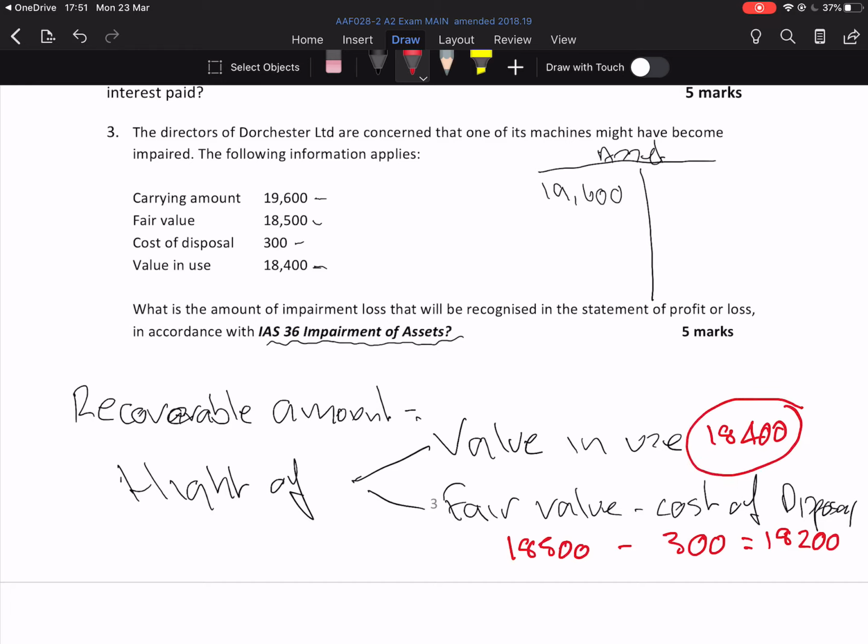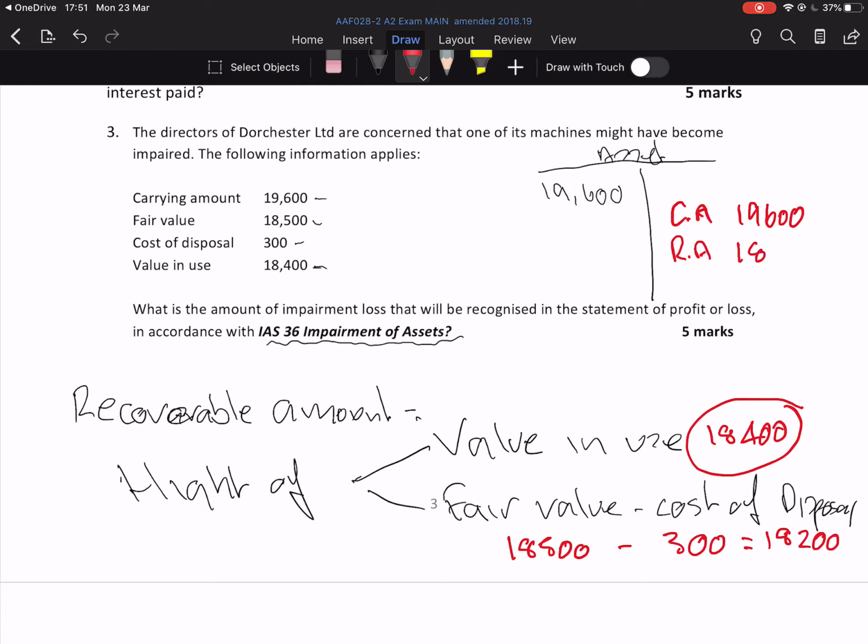So that's the figure that we'll use to work out how much loss there has been in relation to this particular asset. So we've got the carrying amount, which is 19,600, as it sits in the statement of financial position, as we said. But then we've got the recoverable amount, which was the higher of, which is the value in use.